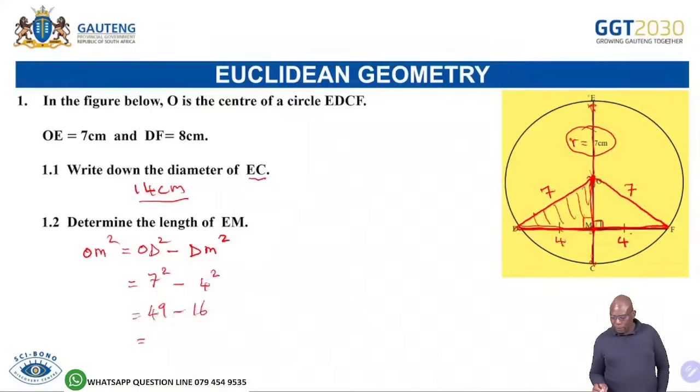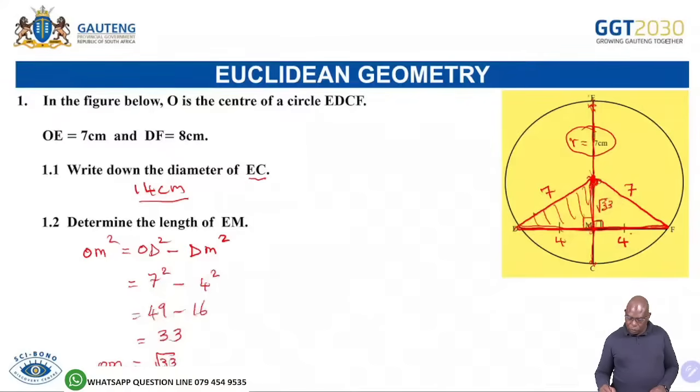And what is 49 minus 16? I think that will be 33. So which means that OM will be square root of 33.